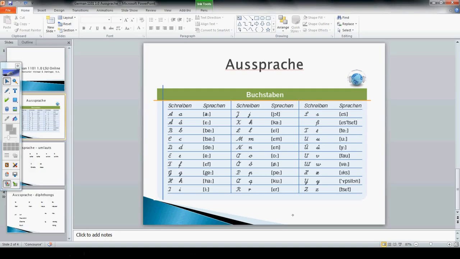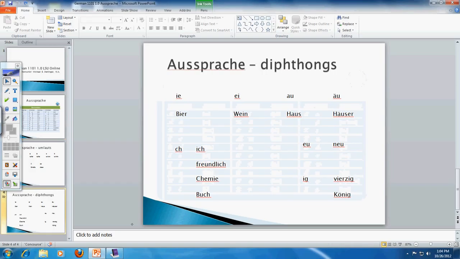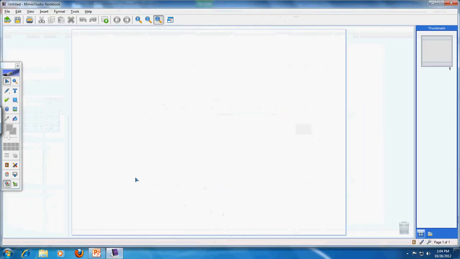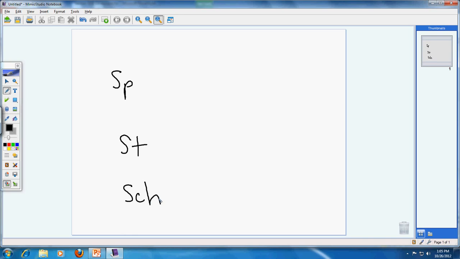And that's the end of that slideshow, but I wanted to possibly come up with a few other ones that we might come across. That's going to be an S and a P starting off a word, an S and a T starting off a word, and an S and a C and an H starting off the word.